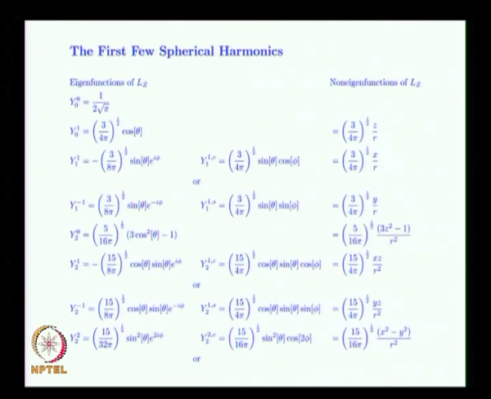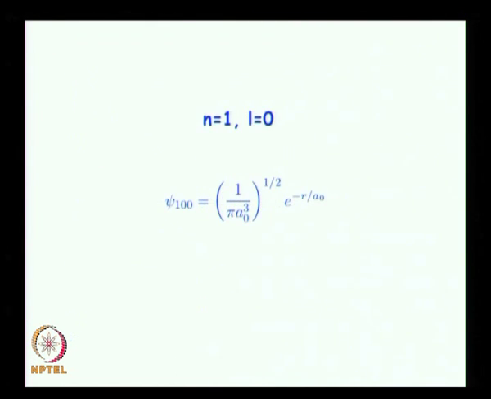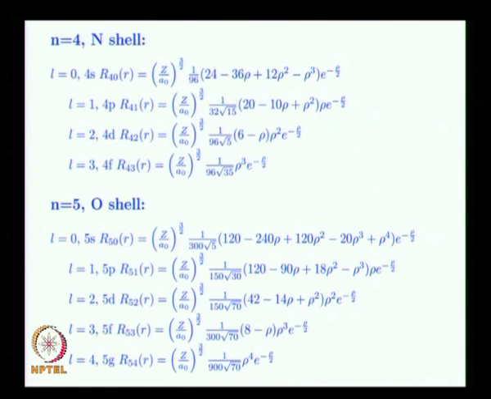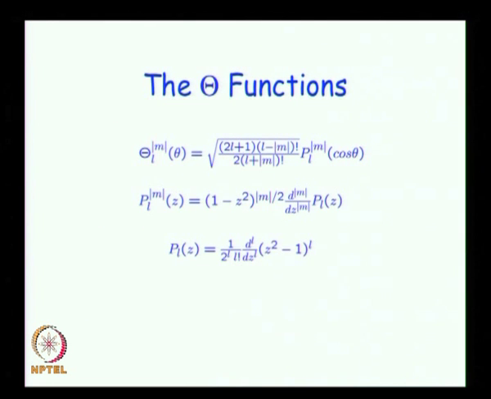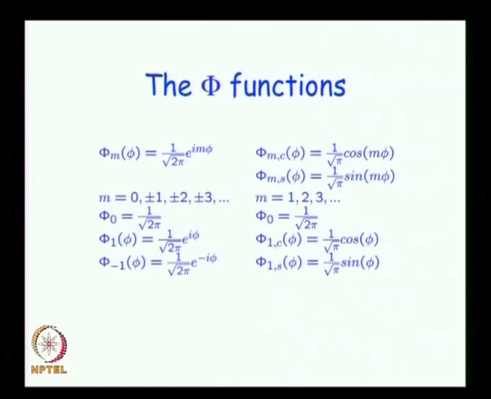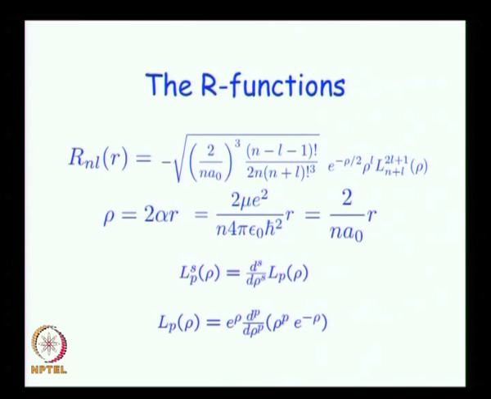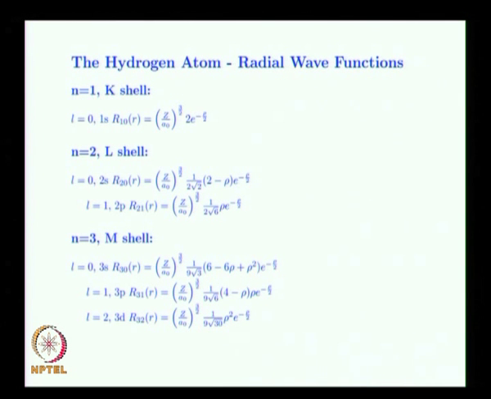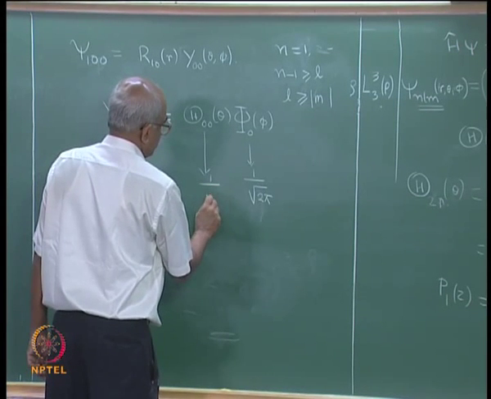Okay. Well, it is not given separately, but let me see. All that happens is that theta 00 is just 1 by root 2.